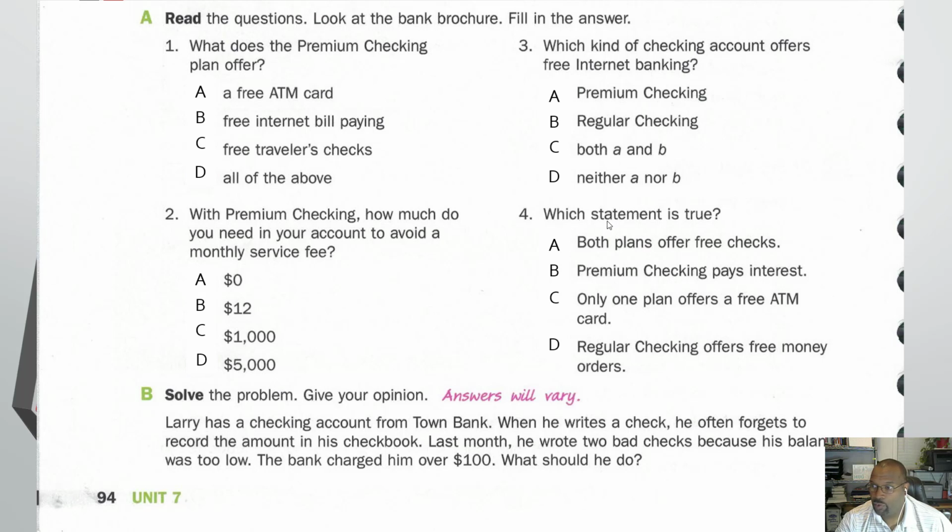Number 4. Which statement is true? Both plans offer free checks. Premium checking pays interest. Only one plan offers a free ATM card. Regular checking offers free money orders. I put B. Premium checking pays interest.